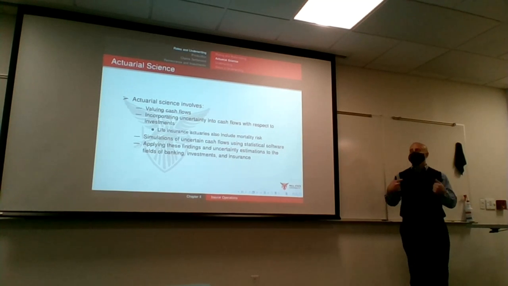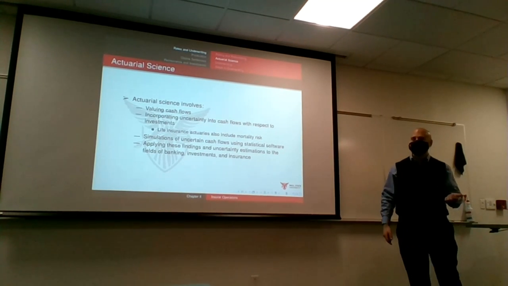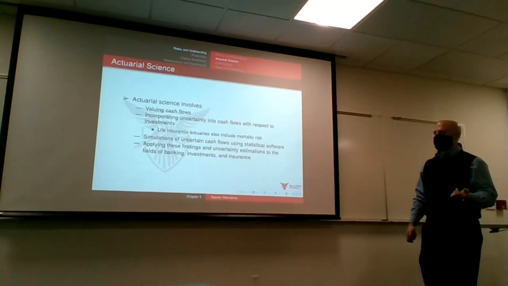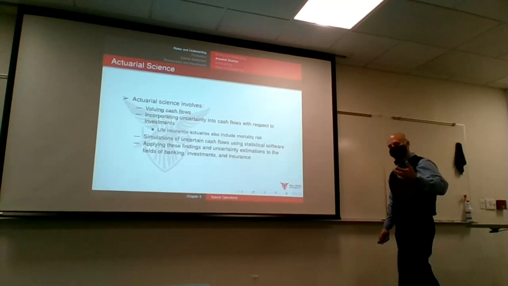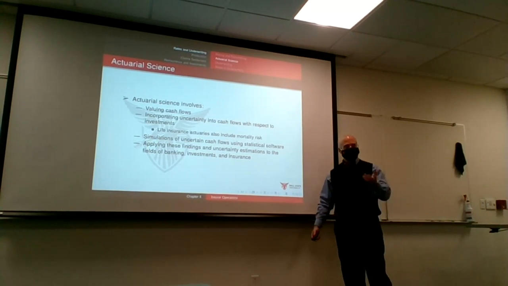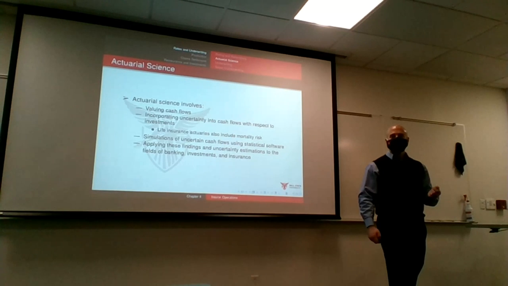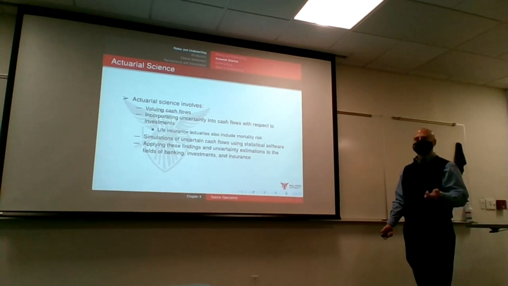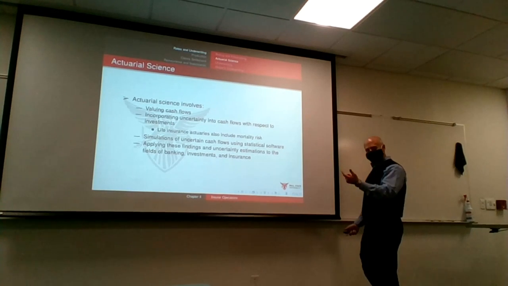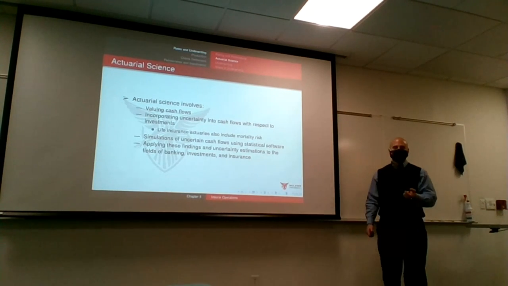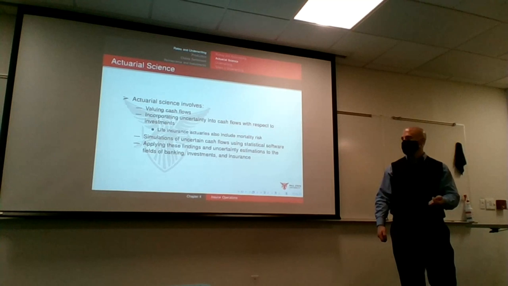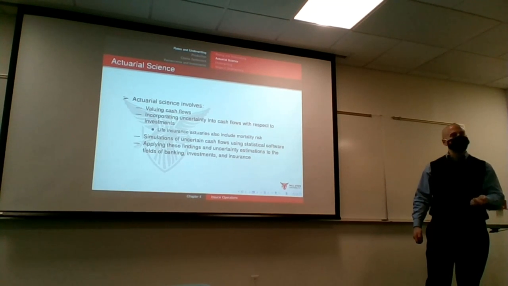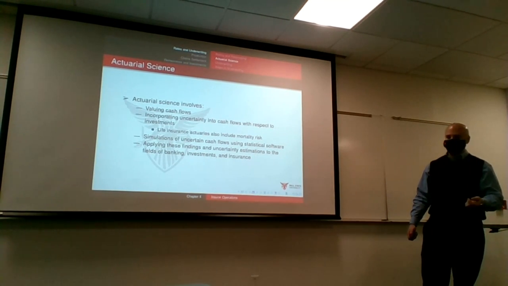If we look at life insurance, we have mortality tables to use for that. So it's the study of uncertainty and really uncertain cash flows. So probability and financial mathematics, two components of the test for an actuary, two very important components. And again, not limited just to insurance companies.